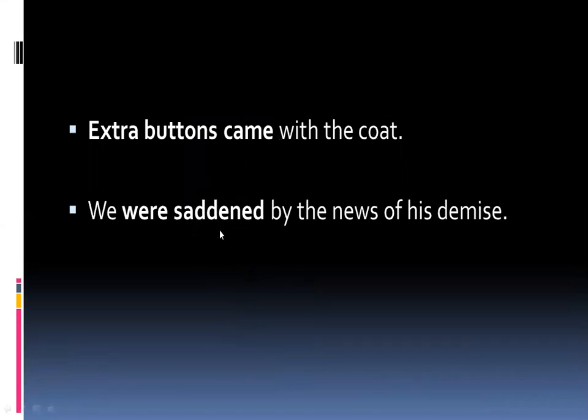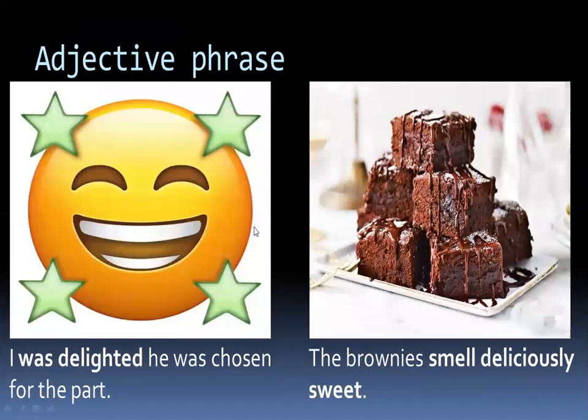So what is a participle phrase? The horse trotting up to the fence hopes that you have an apple or carrot. Look here, trotting up to the fence. Participle means we add an -ing to the verb and it functions as an adjective. So trotting up to the fence here is actually the participle.